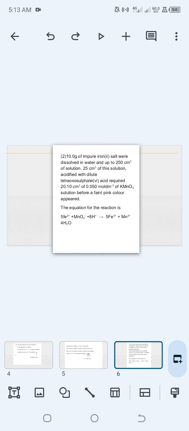10 grams of impure iron(II) salt were dissolved in water and made up to 250 cm³.